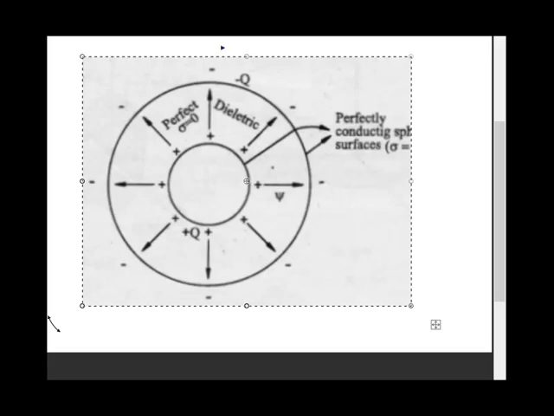and due to that he decided to give some name to it. He experienced that some charge is moving from the inner sphere to the outer sphere, so there is a displacement of charge. He marked that as psi. Psi is electric flux.